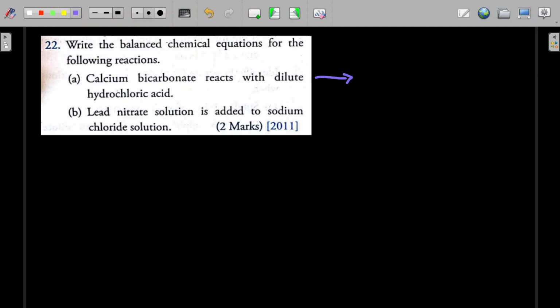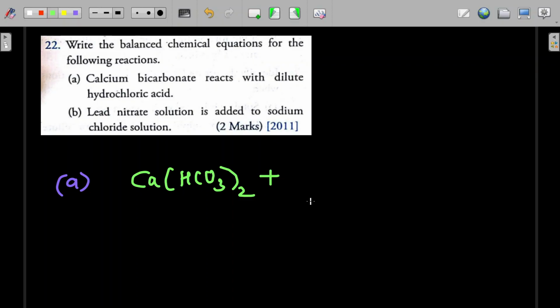Calcium bicarbonate reacts with dilute hydrochloric acid. So the bicarbonate formula, many of you write incorrectly. What is the formula for calcium bicarbonate? Ca(HCO3)2. If you write the formula itself wrong, then everything will be wrong. Then dilute HCl.